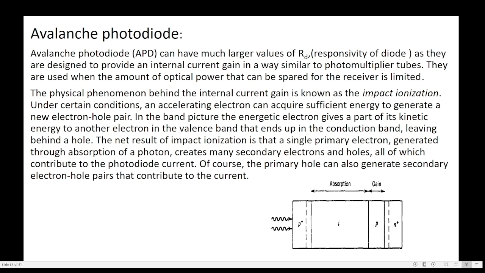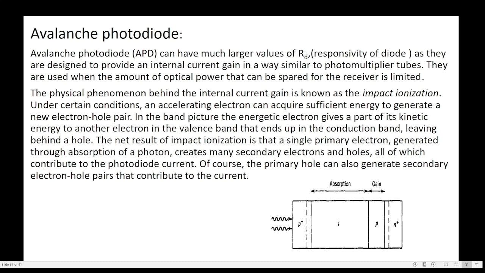Under certain conditions, an accelerating electron can acquire sufficient energy to generate new electron hole pairs. In the band picture, the energetic electron gives a part of its kinetic energy to another electron in the valence band, and that ends up in the conduction band, leaving behind a hole.